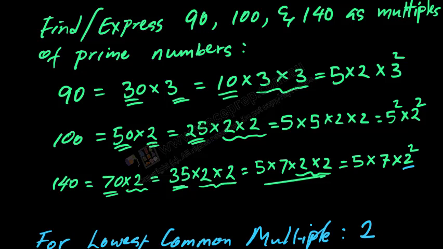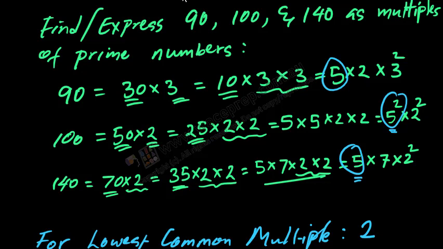So what we need to do is we need to see what's the common number of each type of numbers. So what does it mean? We have 5. We have 5 squared and we have 5. Now, we do not multiply 2 5s from here, 1 5 from here, and 1 5 from here. We only take the highest number.